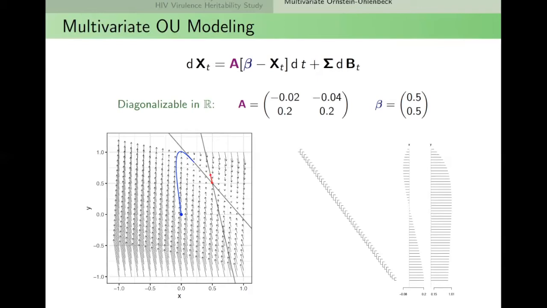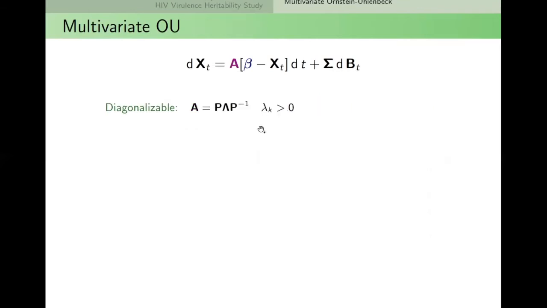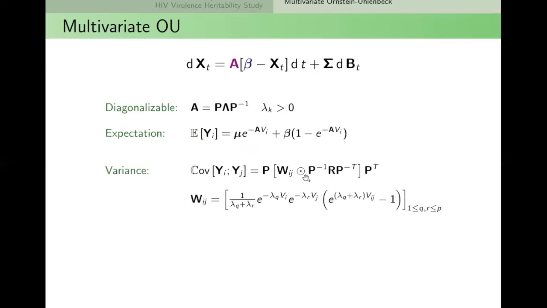Okay, so this is just to show that this Ornstein-Uhlenbeck process is already quite a flexible model, and you could imagine modeling different kinds of processes with this tool. The assumption I'm making here is that A is of this form, with strictly positive eigenvalues. With this assumption, I can write all the moments for Y. There is a closed form expression, but instead of the Kronecker product I used to have, I now have a Hadamard product, a term-by-term matrix product.